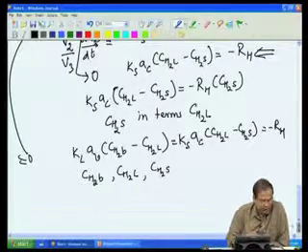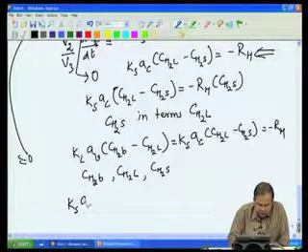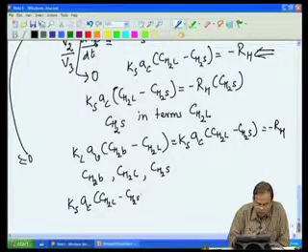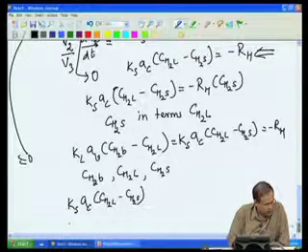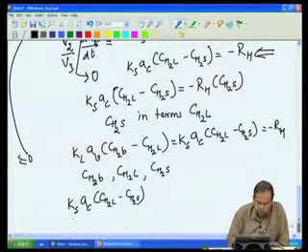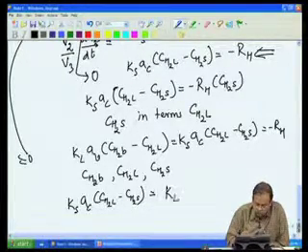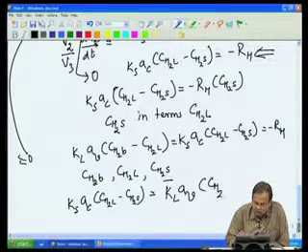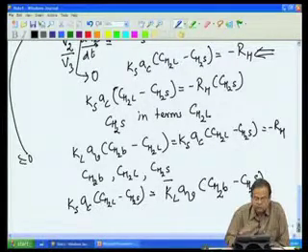If you do all that exercise, we actually get Ks into AC into (CH2L minus CH2S), the mass transfer across the liquid solid interface, equal to the overall mass transfer coefficient KLa into (CH2 bulk minus CH2S).